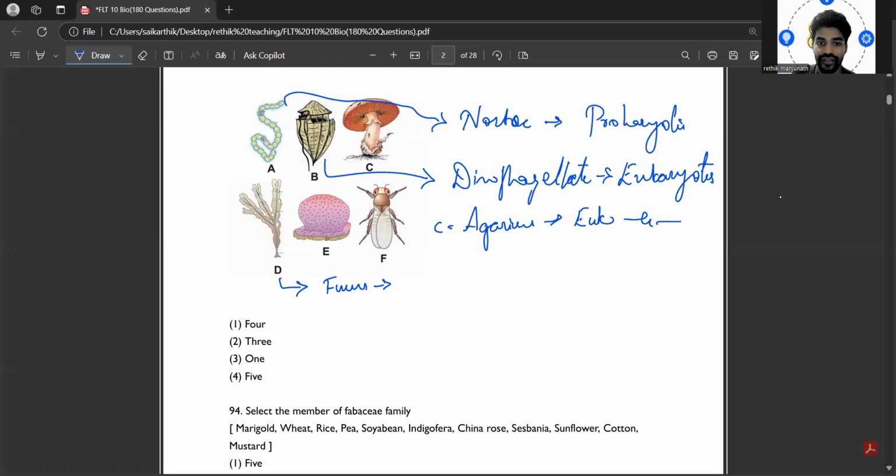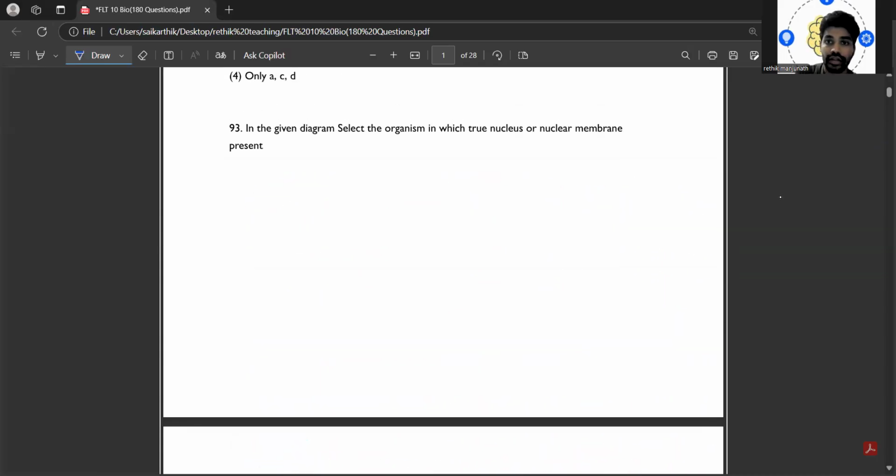Fucus is again eukaryotes. Then E, that is Euspongia, again eukaryotes. And the last, F, that is Drosophila, female Drosophila. So again, they're eukaryotes.